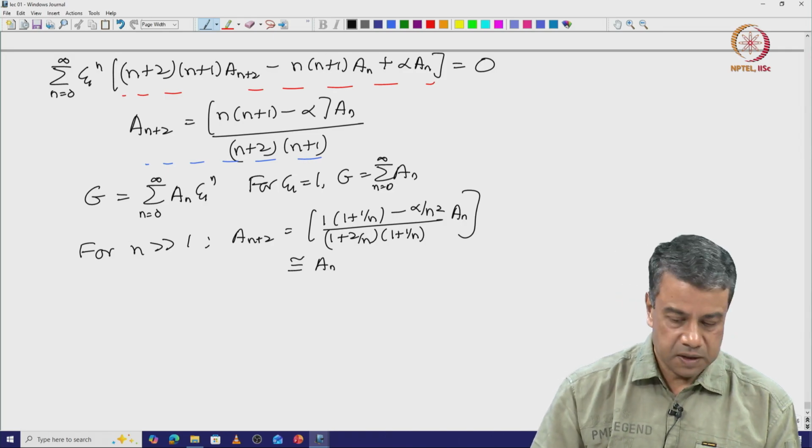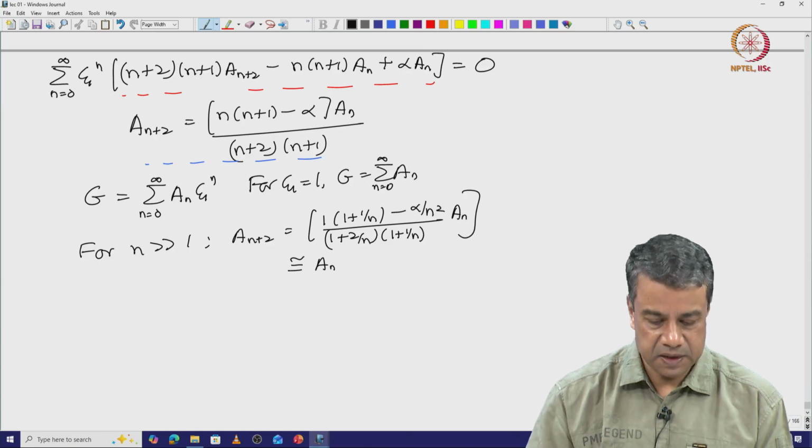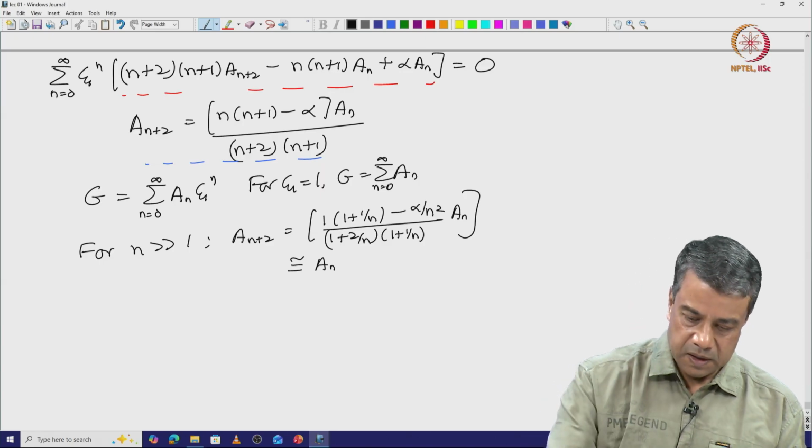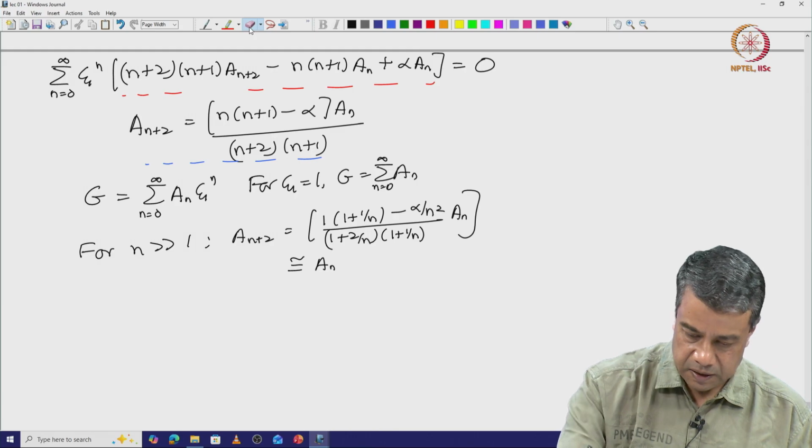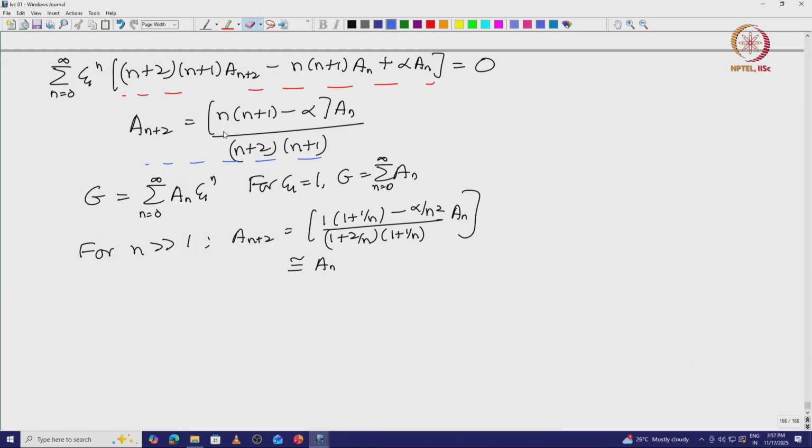The only way the series will converge is if for some value of n, this difference becomes equal to 0. That will give us the eigenvalues.